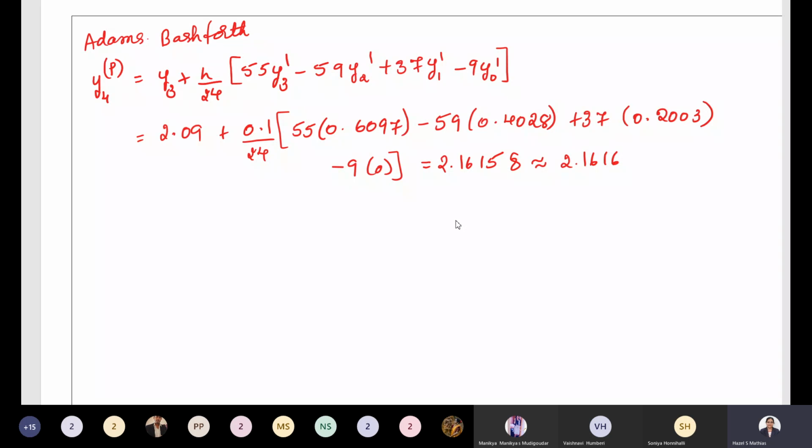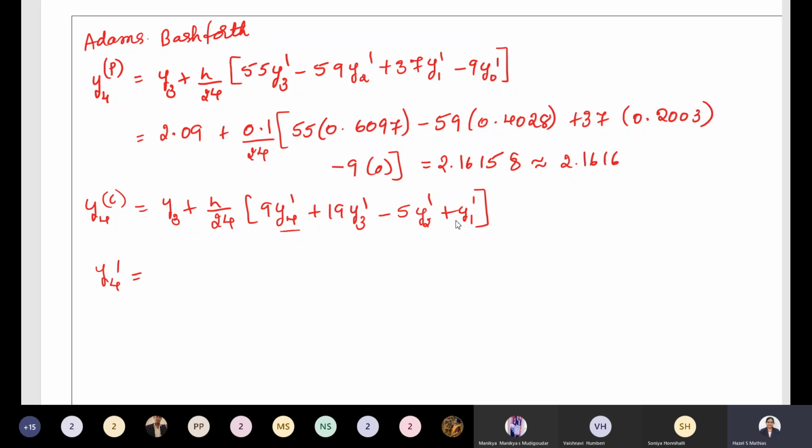Okay, then the y4 power c corrector formula using Adams-Bashforth is y3 plus h divided by 24 into 9 y4 dash plus 19 y3 dash minus 5 y2 dash plus y1 dash. So apply this one. In order to apply, we need to find the value of y4 dash. How do we find y4 dash?